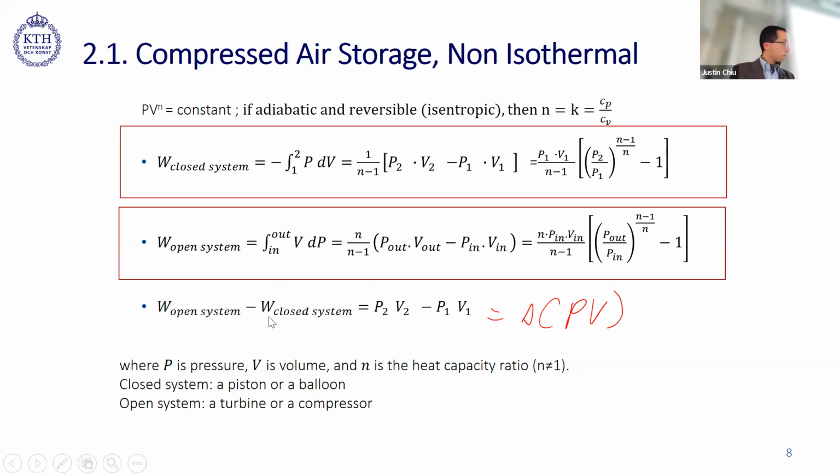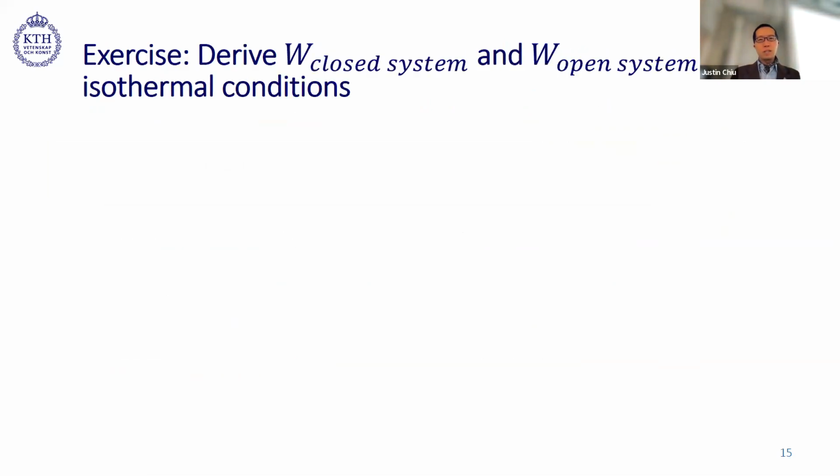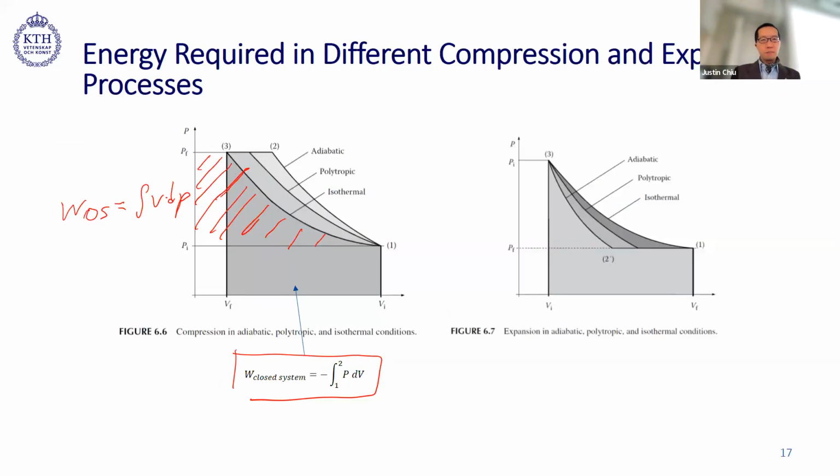Work open system minus work closed system is P2 V2 minus P1 V1. And you see that directly from this graph. So here they put final and initial, but initial is 1, final is 2. Very good.